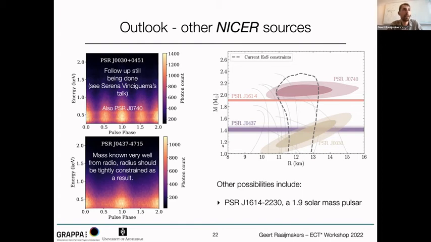So this might actually give you very tight constraint on the radius as well. And then there's also this source J1614, which also has an independently measured mass, so that potentially could also be very interesting. And it's a little bit more massive. So I think it'll be very exciting to see what else NICER's gonna give us in the next couple of years.